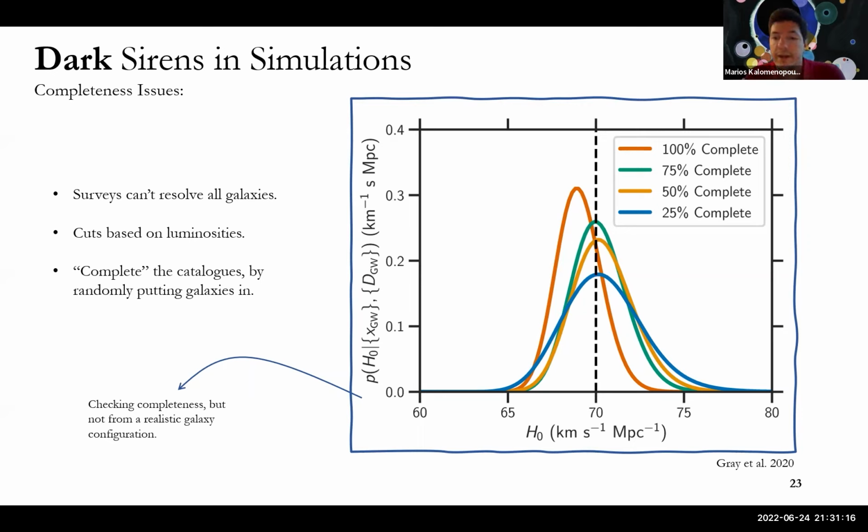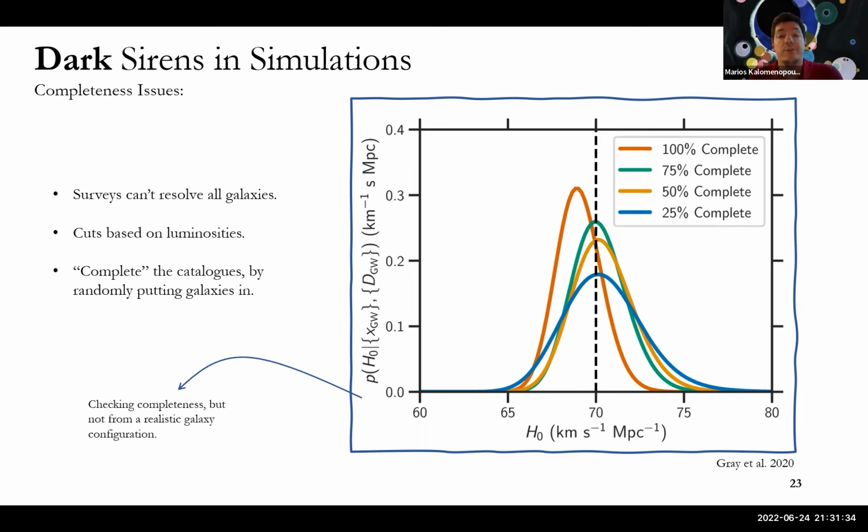So already Gray et al. 2020, in a nice study, have checked that more complete catalogues are expected to give better results. But this was using a uniform galaxy configuration.